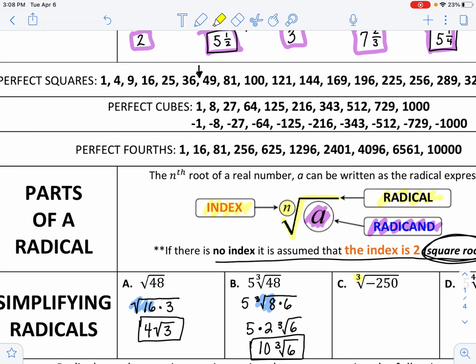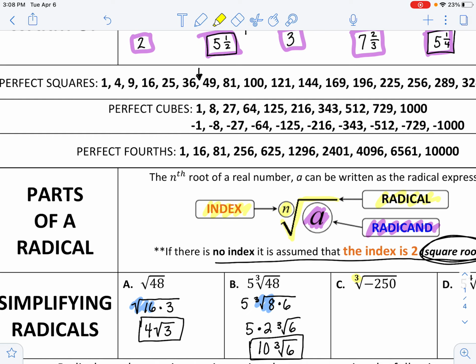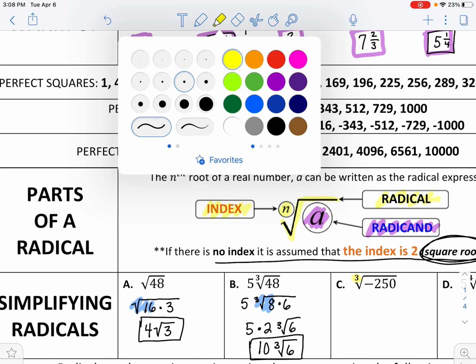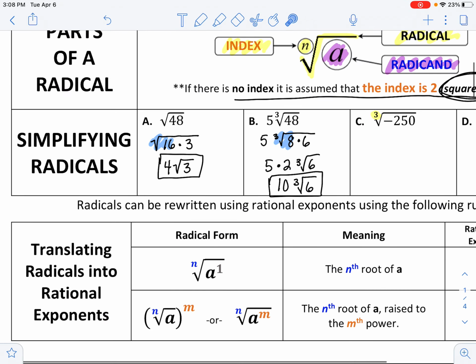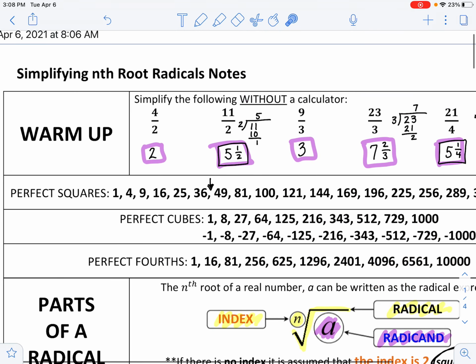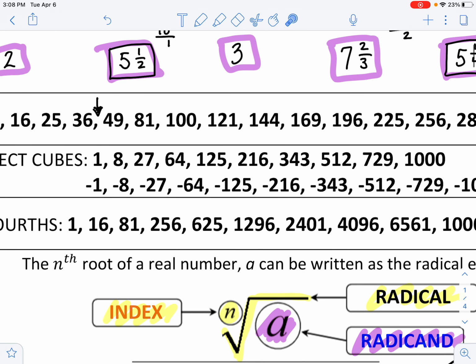So, looking at this, we're going to look up at our cubes, and negative 250 is not, whoops, excuse me, negative 250 is not on our list. If it was, it would be right here in between negative 216 and negative 343.